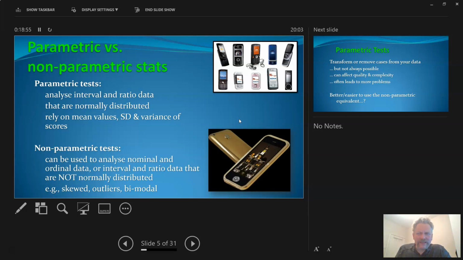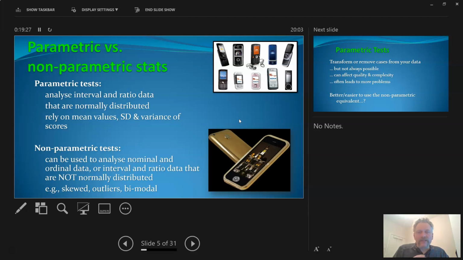So in that case, the mean average isn't really representative of the typical value of a phone in that group. The model that it's trying to put together to explain the values of phones is pretty bust. It's just not worth it anymore. So if you've got a class of statistics that rely on the mean and the standard deviations and the variances as well, then they're all going to be way off base.